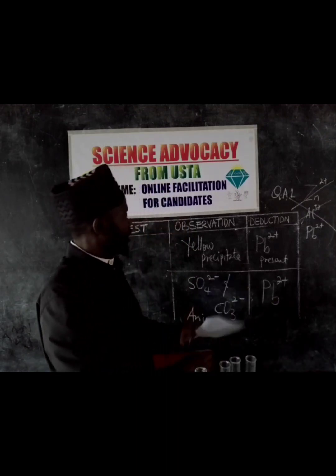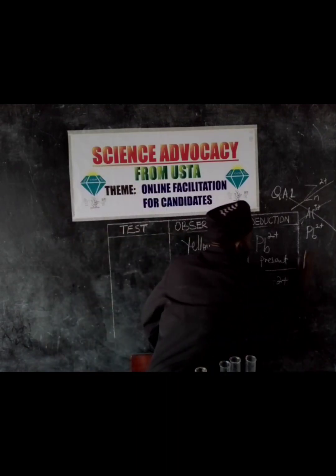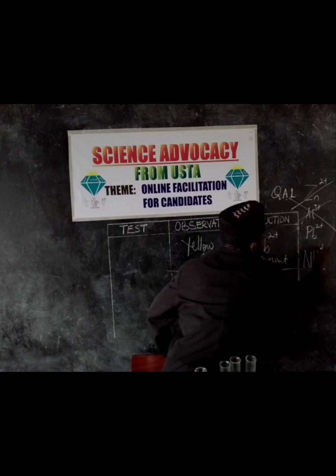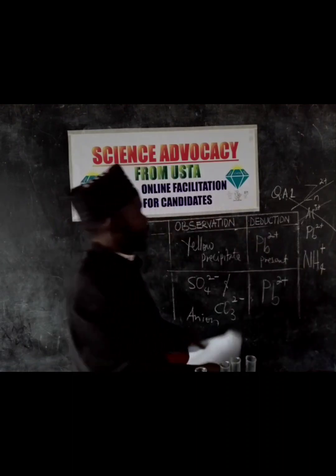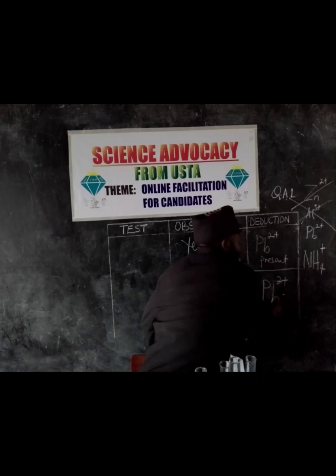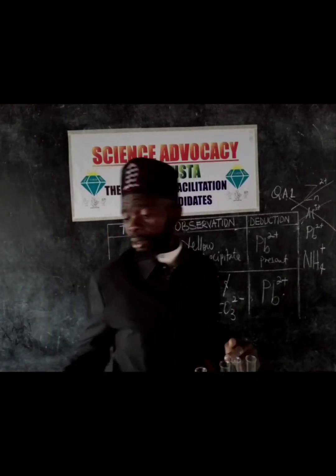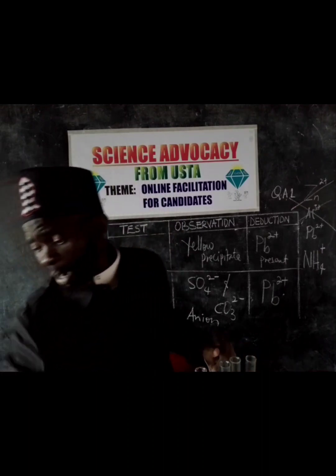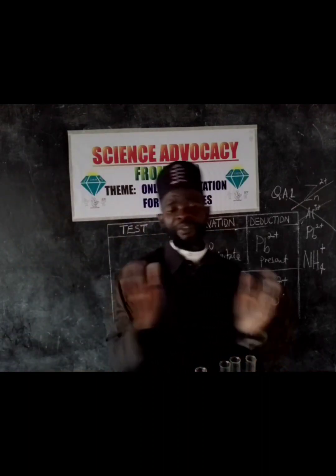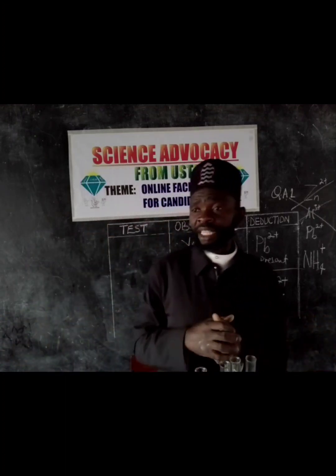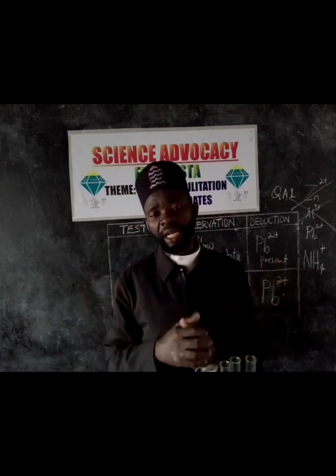The column of anions, this is going there. In the column of cations, you put this and that, which you already confirmed from the procedures above. By so doing, you have earned all the marks. We expect you to excel.